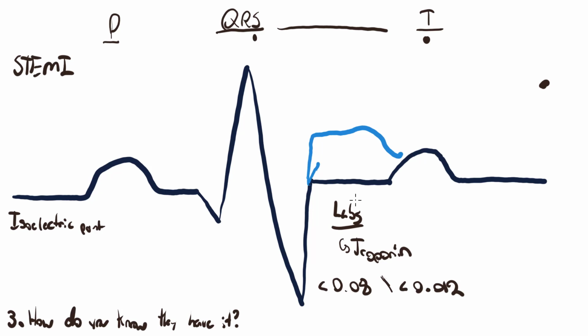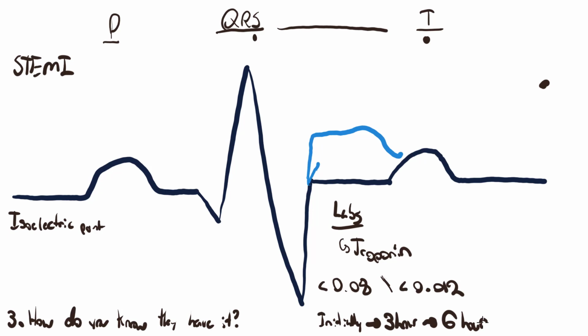So troponin should not be elevated in a normal person. If someone is having chest pain, you're going to check troponin initially. You're going to check it at the 3-hour mark, and in some cases at 6 hours. They're drawn in threes always: initially, 3-hour, 6-hour.